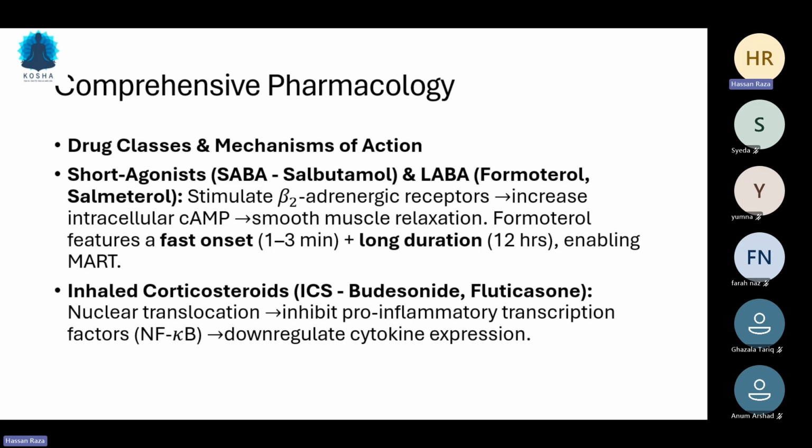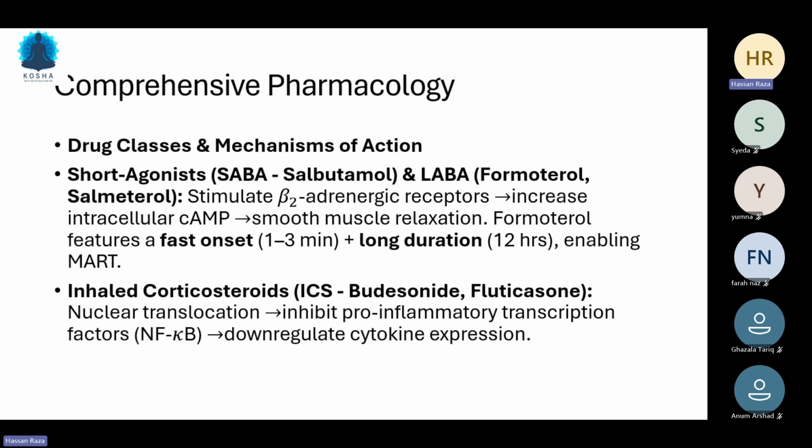You will see in a while why it is important. And I have already told you that asthma is an inflammatory disease. So anti-inflammatory agents like corticosteroids are very essential. And how do they produce their anti-inflammatory action? Basically, there are some inflammatory transcription factors like NFKB, and there are other cytokines as well which cause inflammation.